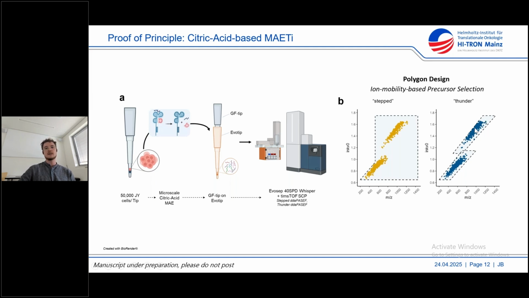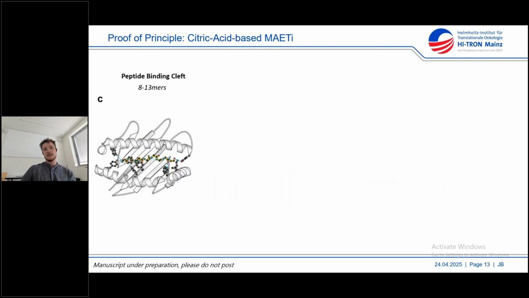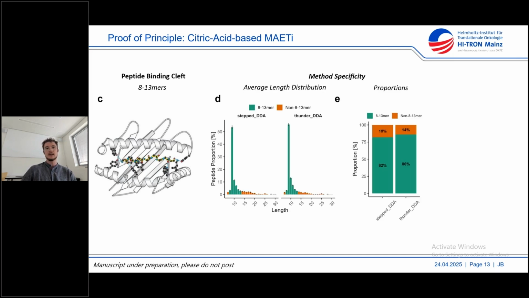What you can see here is that we tailored the polygon specifically to our needs for HLA peptides. In the first proof of principle with the citric acid-based buffer, we wanted to compare the two methods, also enabling unbiased evaluation of our protocol.